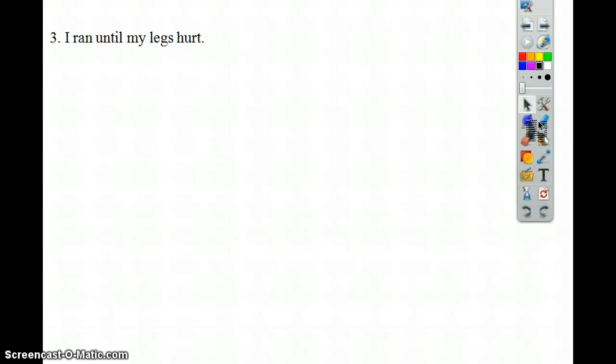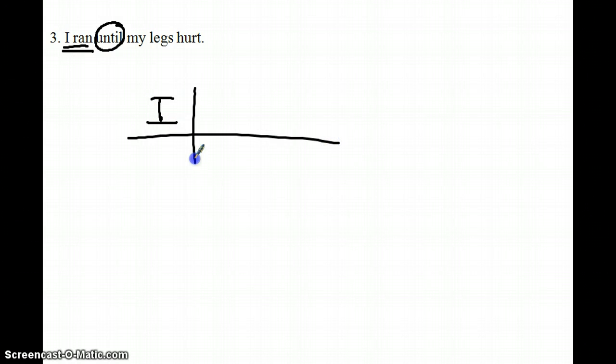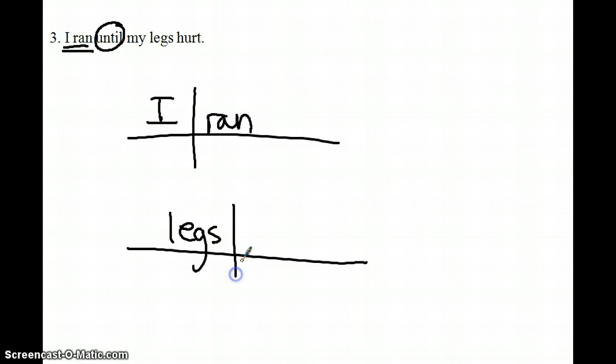I ran until my legs hurt. Notice there's no comma. Why? Because the second clause is the one that starts with the awubis word. So we diagram the independent one first. What did I do? I ran. Underneath, legs. What did they do?